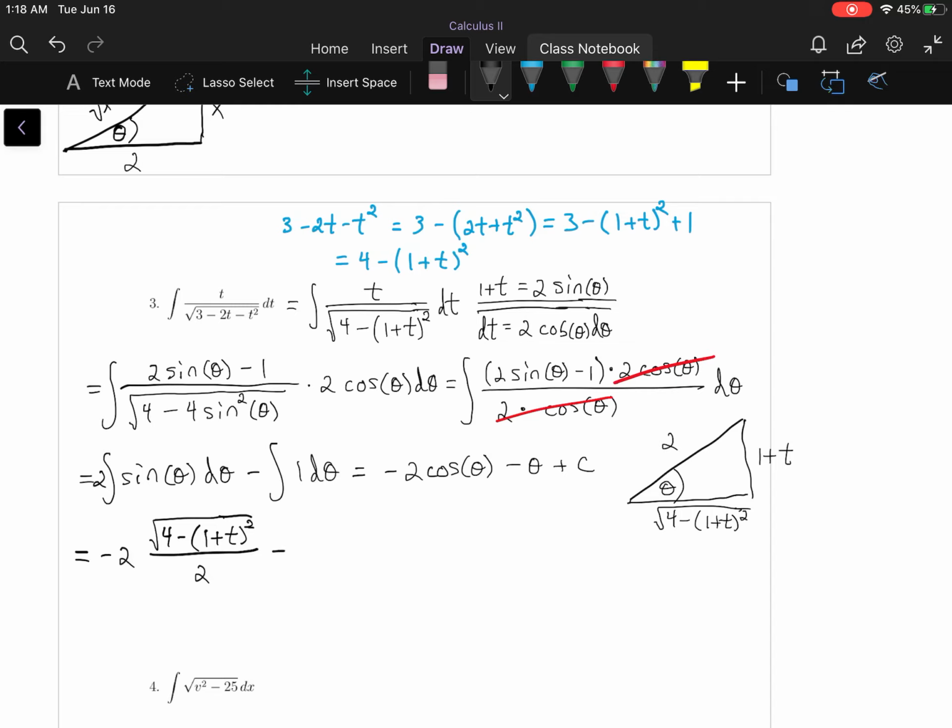minus theta, and theta is going to come from our 1 plus t equals 2 sine theta. So you're going to solve for theta, and that's going to come out to the arcsine of 1 plus t over 2.